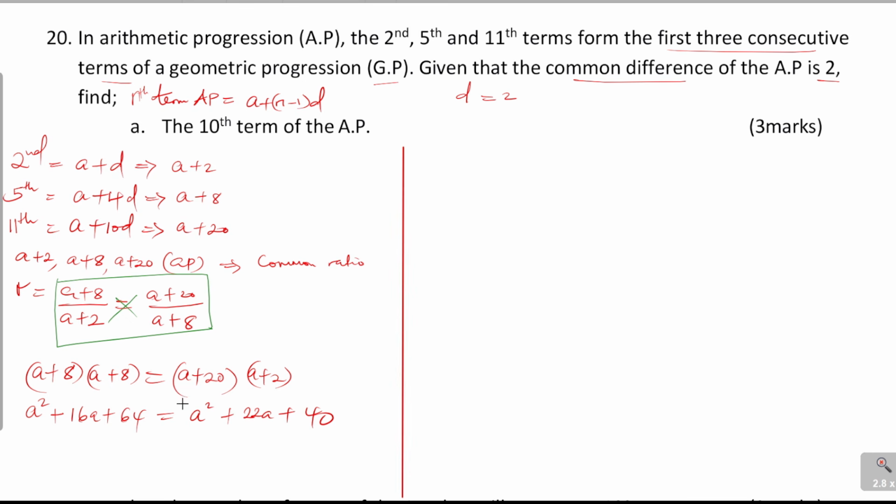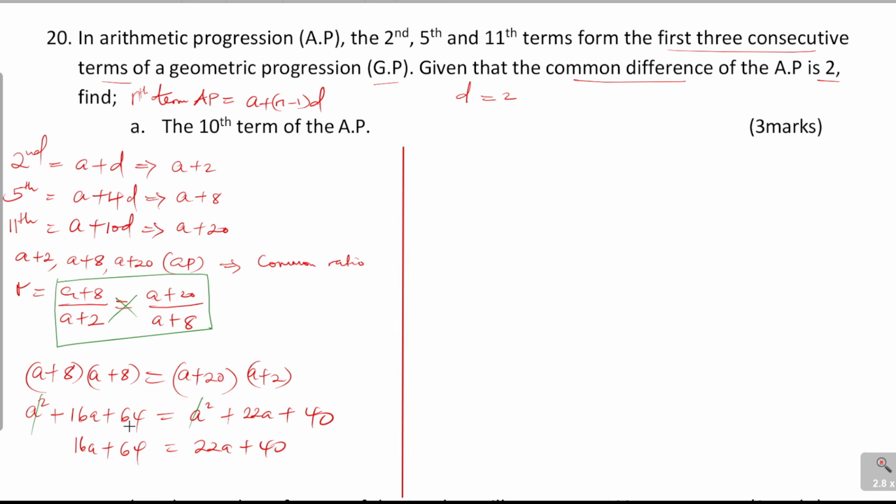You have a squared on both sides, so you can subtract a squared from both sides. It will not be there. So you remain with 16a plus 64 is equal to 22a plus 40.